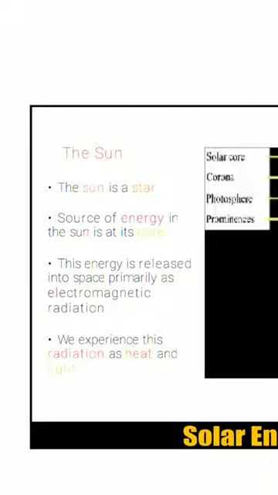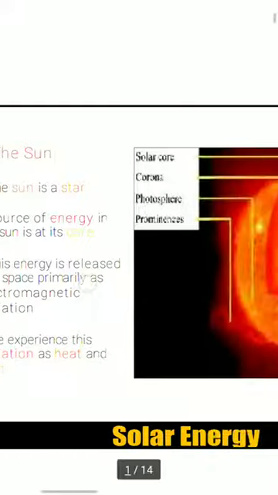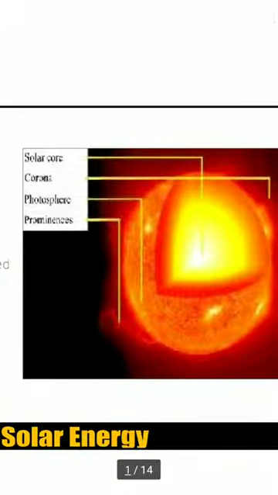The source of the sun is its core, from where the energy is released in the form of electromagnetic radiation. So we experience this radiation and heat in terms of heat and light. Basically, the structure of the sun is that the sun has the main core, then the radiative shell.